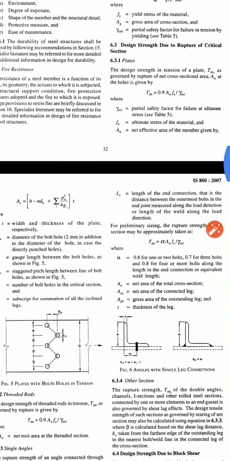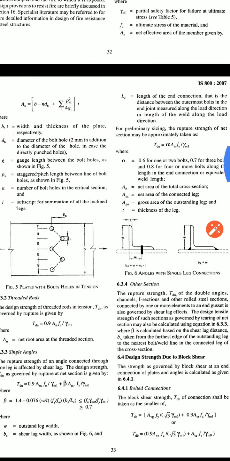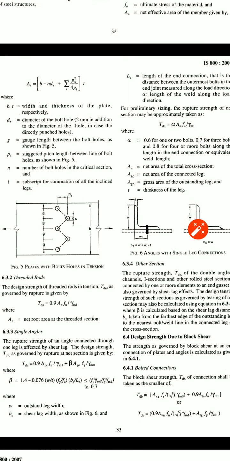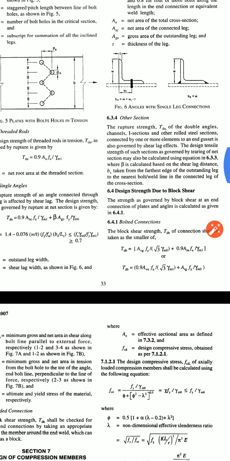So design strength due to rupture has two formulas, for plate sections and for angle sections. Next, the third formula is to find the design strength due to block shear. There are two formulas, and the least value has to be considered.